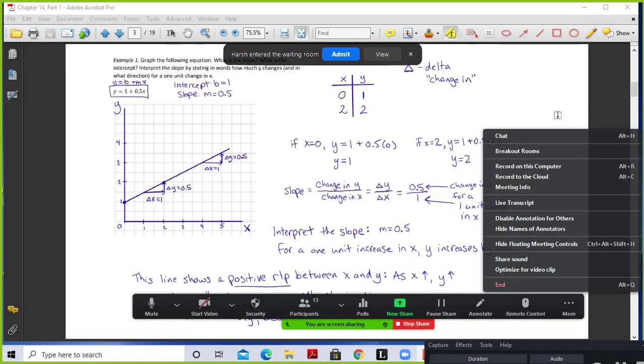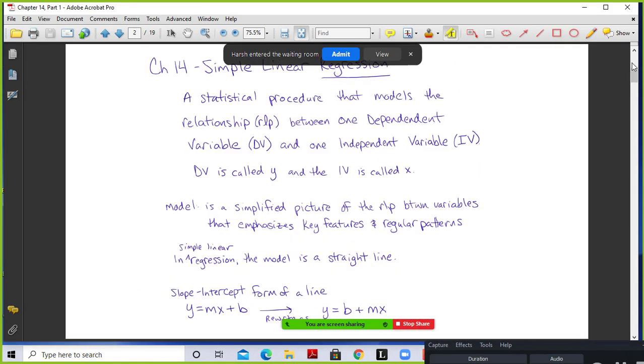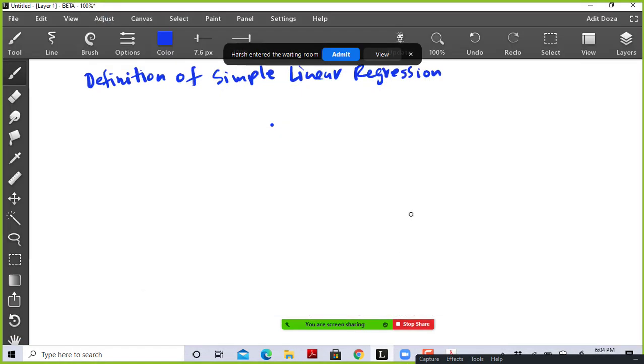Okay. So yeah, I was talking about the simple linear regression, that you have to know the definition, right? So you have to know what it is. And we usually have the form y equals mx plus b, or you can also see this form, right? It's the same thing.